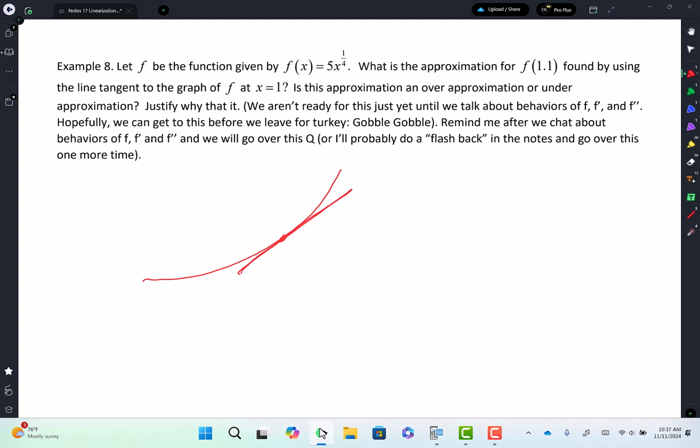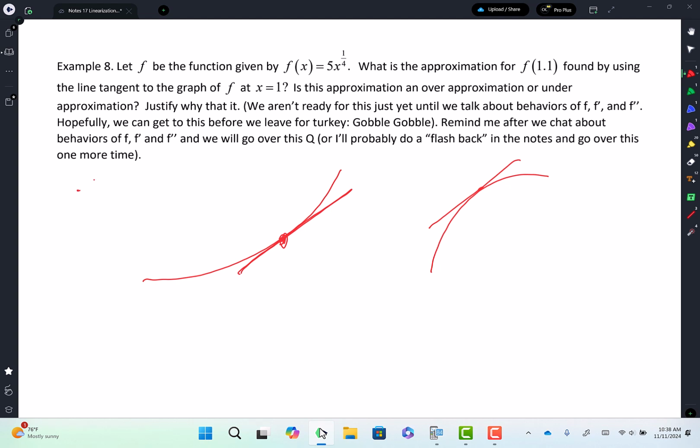Yeah, every point is below the curve except for the point of tangency. So if I'm concave up, the tangent line is going to give you an under approximation. Does that make sense? If you're concave down, look, here's concave down and here's your tangent line. If you're concave down, that tangent line is going to give you an over approximation because the tangent line is above the curve. Does that make sense, guys?